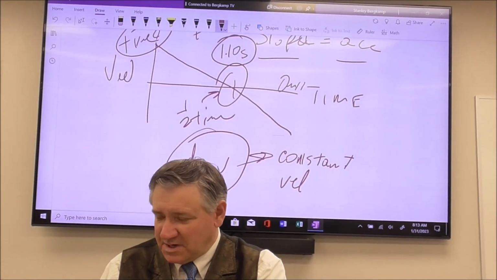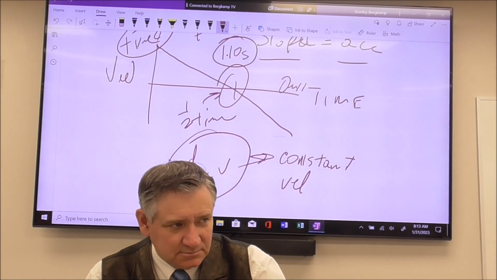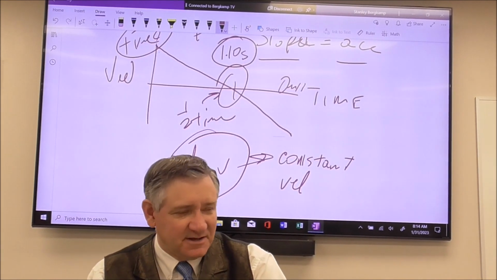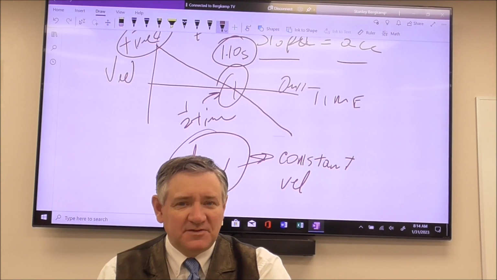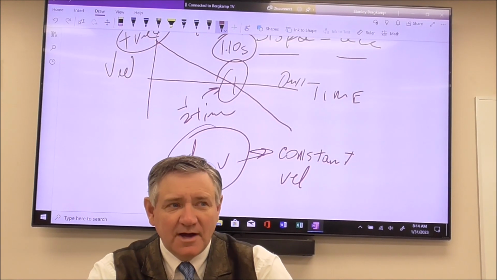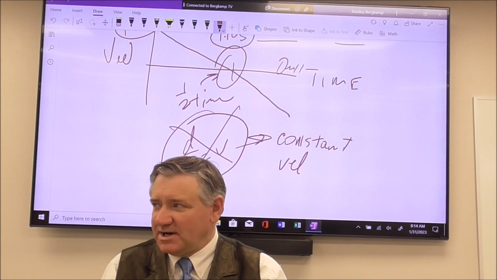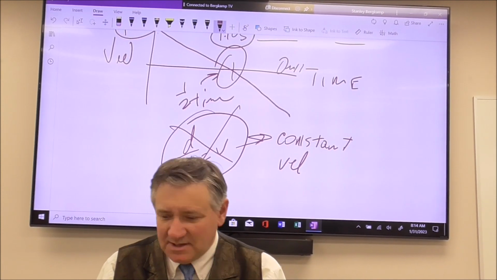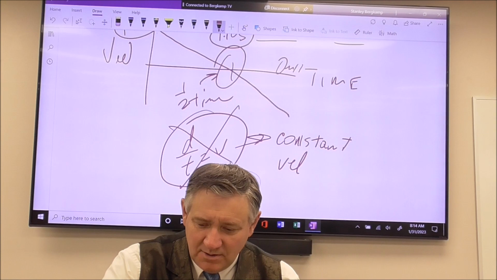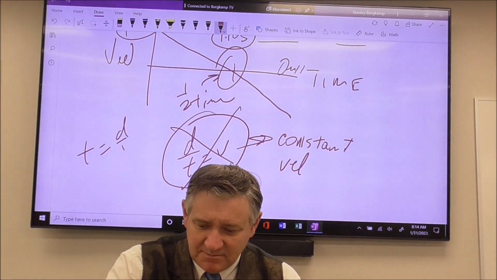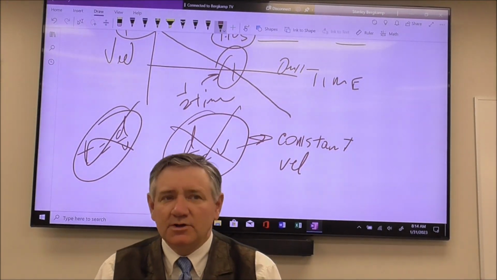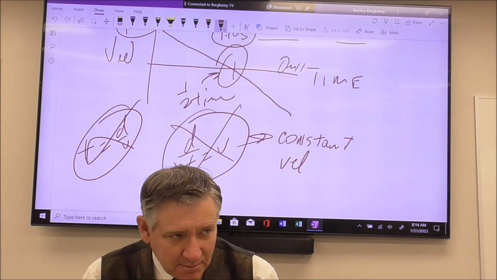Guess what this unit is called? What are we going to study? Acceleration. So in this unit, if you ever find yourself trying to take distance and divide it by time to get velocity, or go, oh, time is distance divided by velocity, stop. Don't. It's wrong. I promise you.